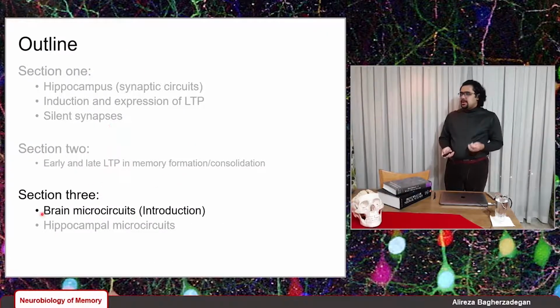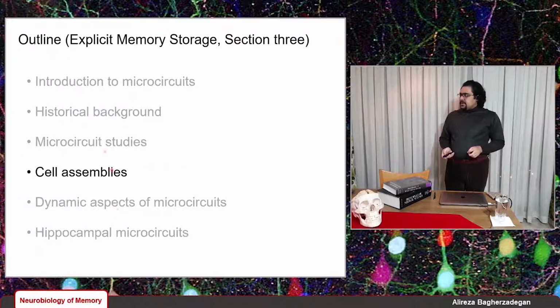In section 3 I'm just going to introduce brain microcircuits, and in the last video of these lectures I'm going to give you an introduction to hippocampal microcircuits. In previous lectures I introduced microcircuits, talked about the historical background, and also talked about the microcircuit studies.